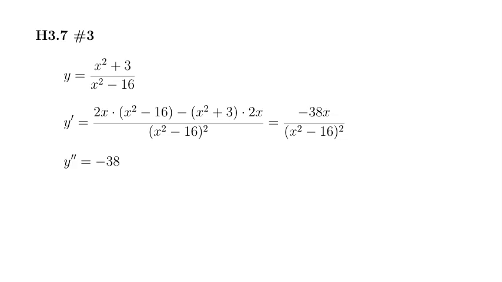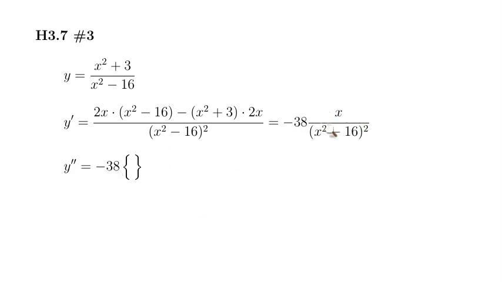Maybe a curly bracket might be good. So negative 38 is already taken care of, already pulled out.